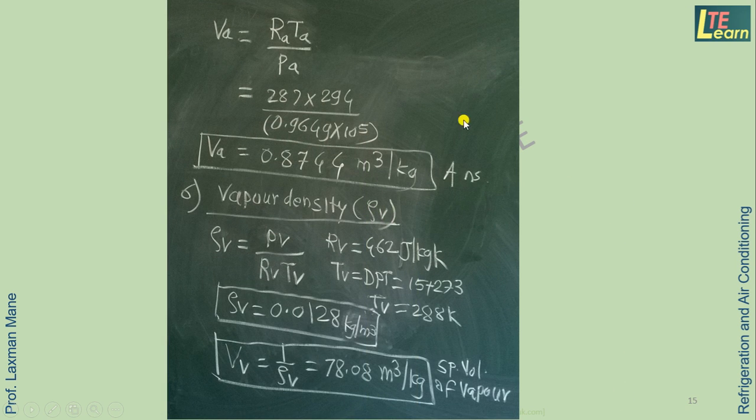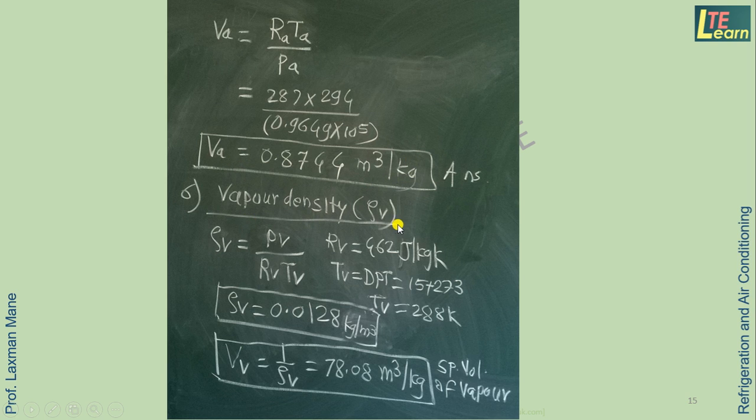So VA is equal to putting the value of RA in joule per kg Kelvin, the value of TA, meaning temperature in Kelvin, divided by the value of pressure in Pascal. The conversion factor for bar to Pascal is 10 raised to 5. Thus we get specific volume of dry air in meter cube per kg.